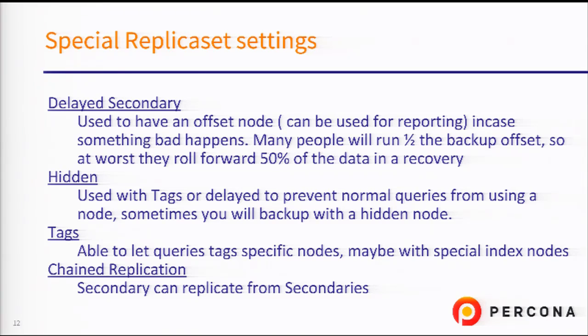Then you have the latency from the US to the EU and then the latency from the EU to Australia, and all of a sudden Australia is going to fall way behind. So it's good to use chain replication if you have geo-local nodes, because that takes pressure off your primaries, but don't enable it if you're running really far spread, high latency replica sets.